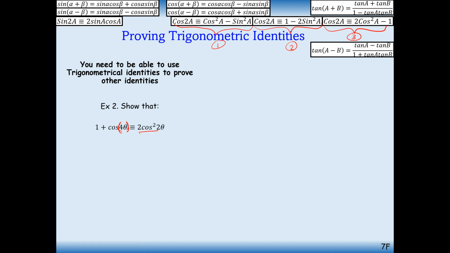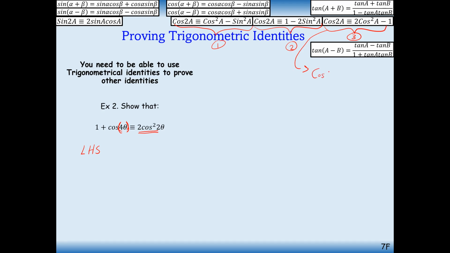Well, we look at the right hand side. If we start with the left hand side, the right hand side will only have cos in it. So we want our right hand side to have only cos in it. So we take identity 3 there. If we rewrite cos 4 theta, we can take this identity and double the angle.